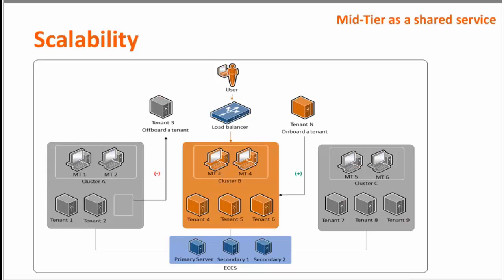And scalability: using our tenant onboard wizard, you can add and remove tenants also. So it will improve your scalability. You can scale on demand, anytime. It's just configuration settings, and we have wizards for onboarding and offboarding a tenant.